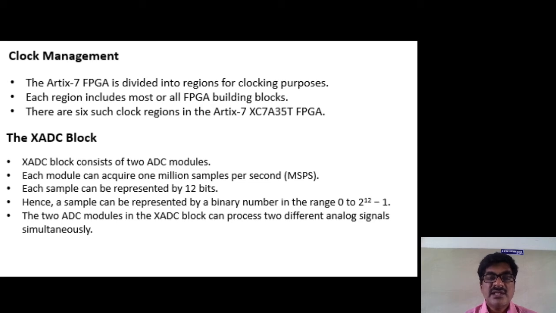Another block is the XADC, the analog to digital converter block. After the FPGA collects analog data, it is converted into digital form by applying sampling and quantization techniques, in order to process the data in the FPGA.